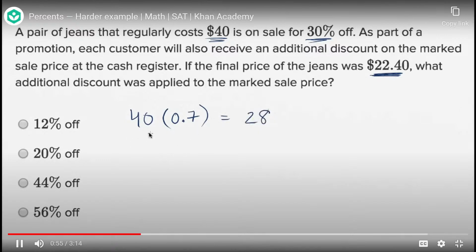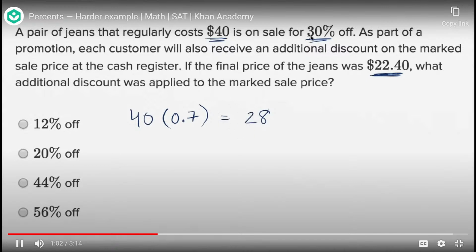Yeah, 7 times 4 is 28. 0.7 times 40 is also going to be $28.